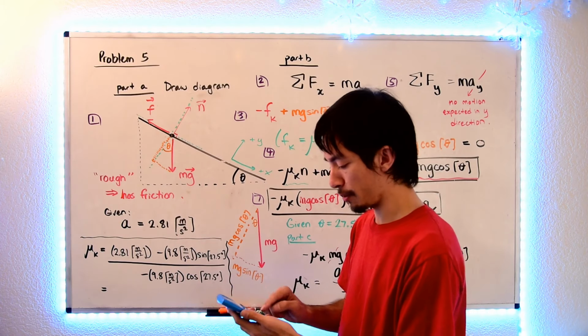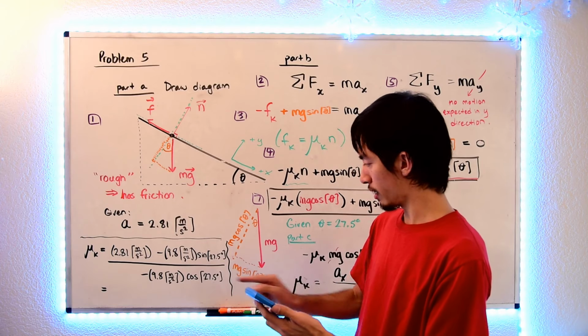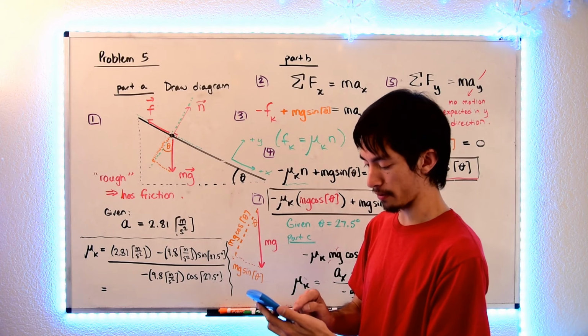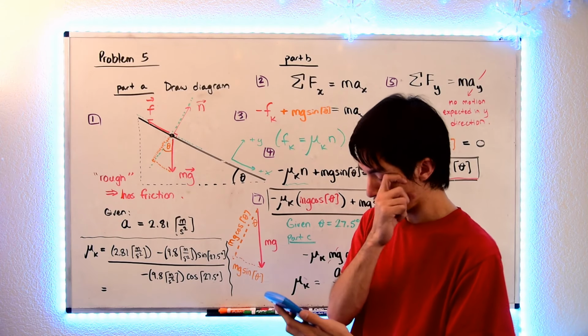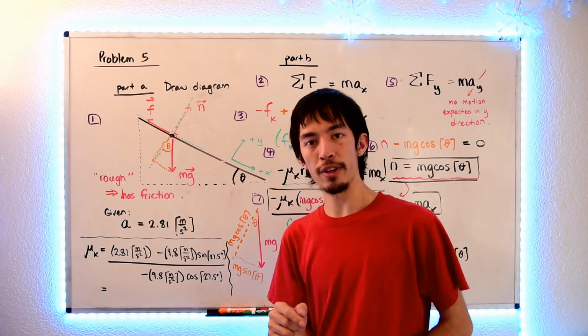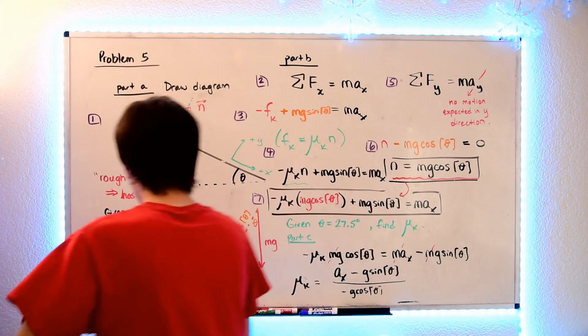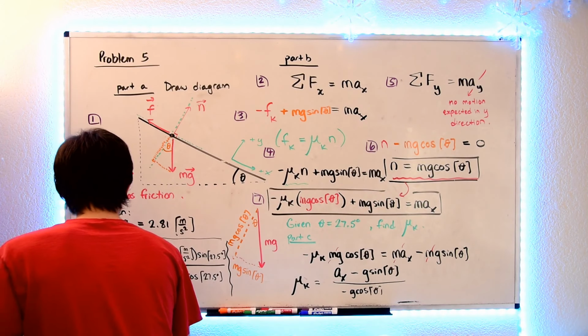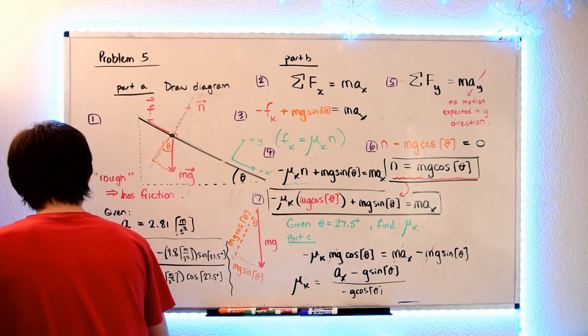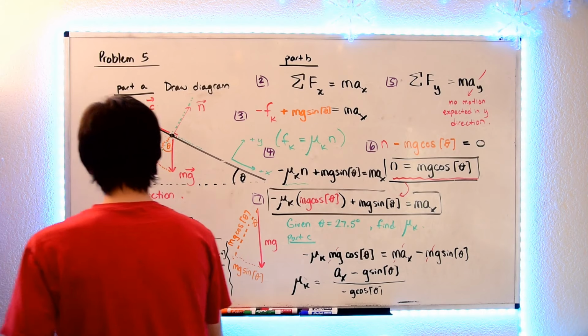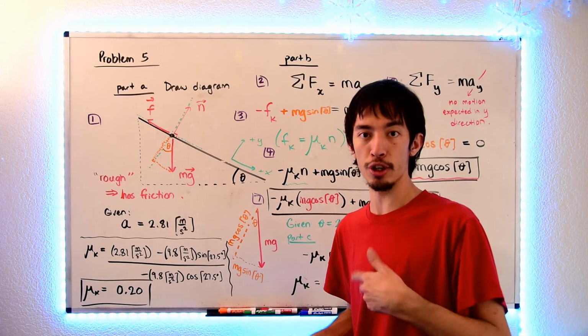And then we have 9.8 cosine 27.5 in the bottom. Okay, this gives us a coefficient of friction of 0.20. This answer is reasonable because it's in the range of coefficients of friction which are realistic.